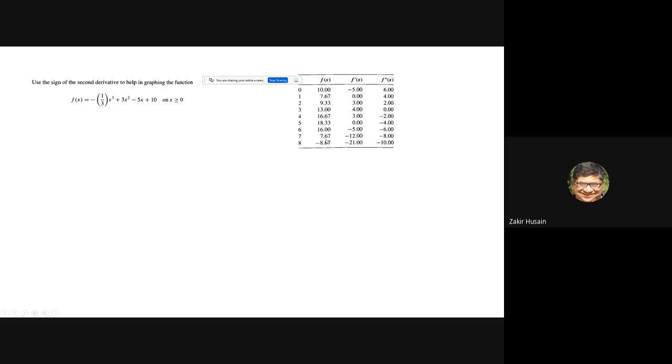For f of x, up to 8, f prime is this, and this is f double prime. Okay. Now remember what we said about the first derivative being minus. That means it is negatively sloped. In this range, it is positively sloped.